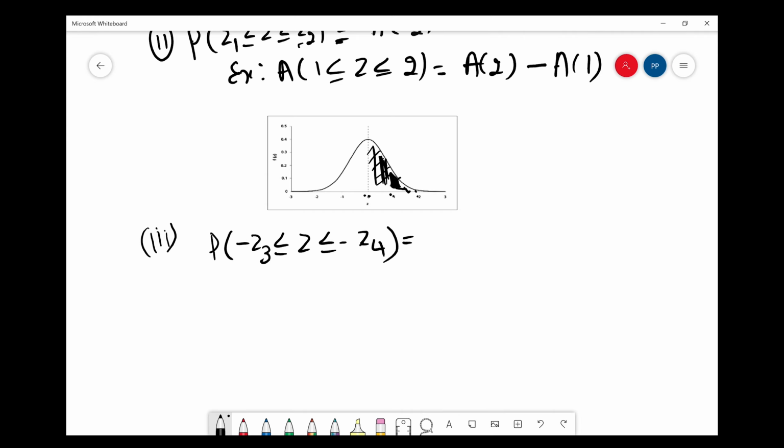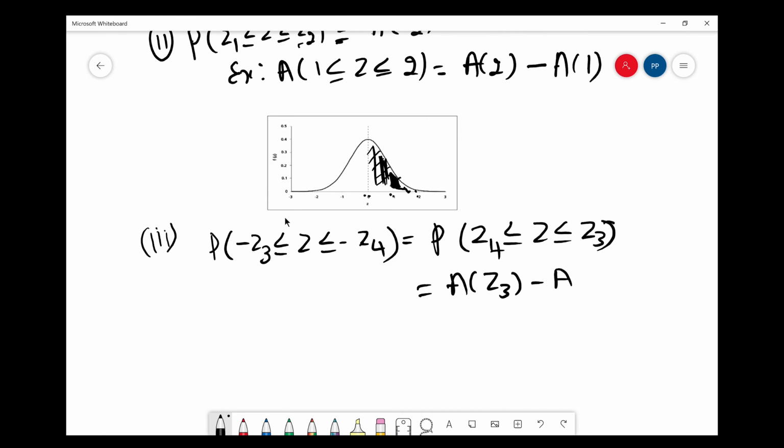It is nothing but the probability over the positive counterpart of this interval, which is z4 to z3, because the curve is symmetric about the line, on the positive and negative side. So then it is the previous result, which is nothing but A or phi of upper limit z3 minus A of lower limit z4.